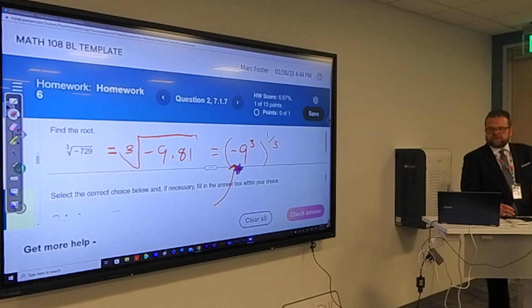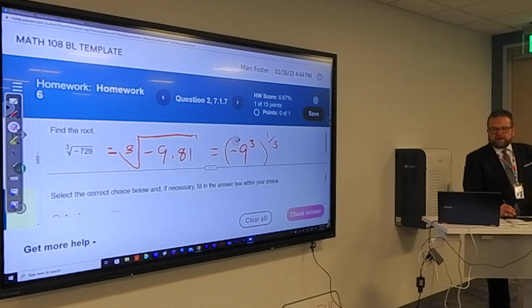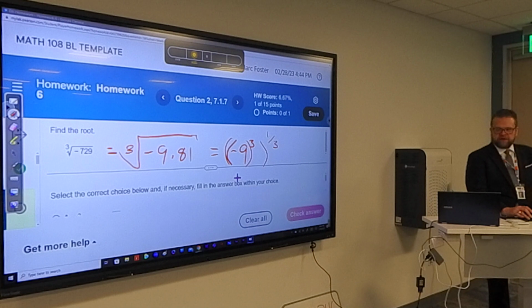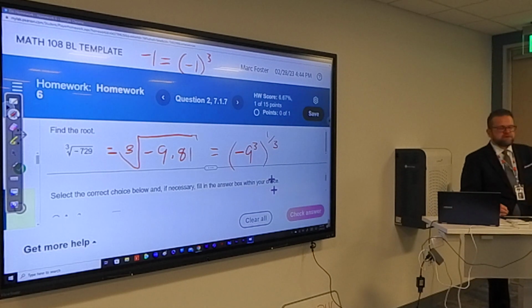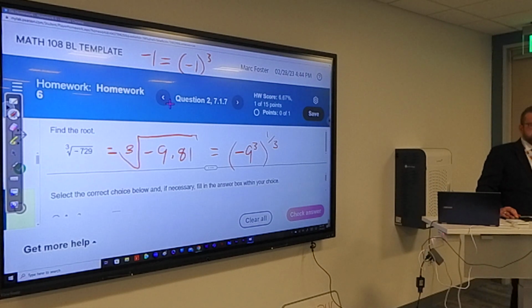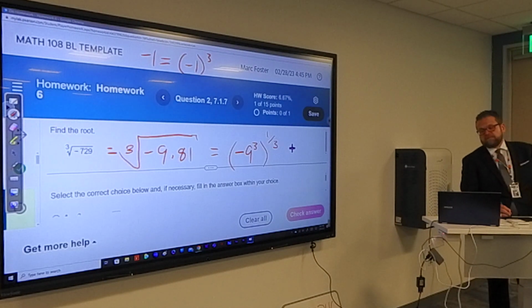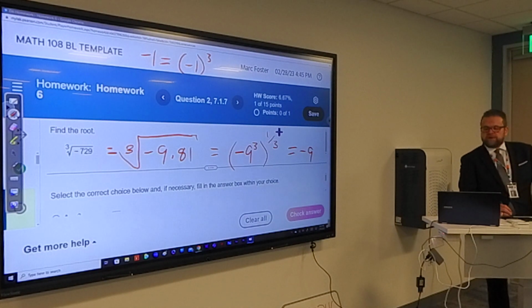It was okay for me to just tack that minus symbol on there. I don't need to say that because they're the same. In other words, minus 1 is identical to minus 1 cubed. And what do we get? Negative 9. Because what do you do with these exponents? Multiply.